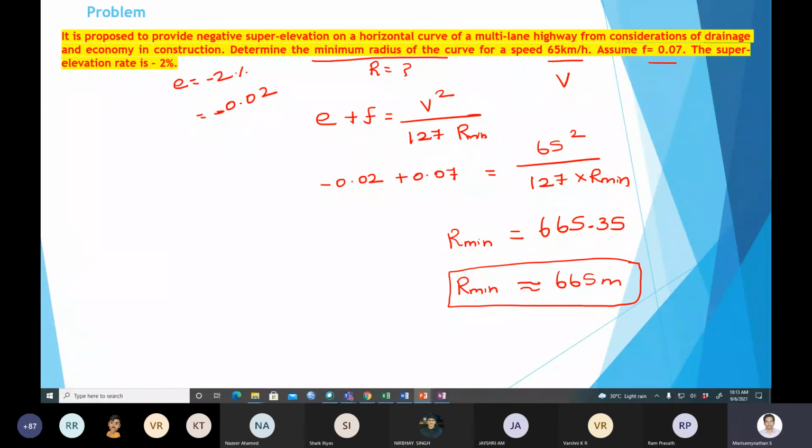So this is another way the radius can be estimated with respect to the given design speed, the assumed lateral coefficient of friction and the super elevation rate, whether it is positive or negative.